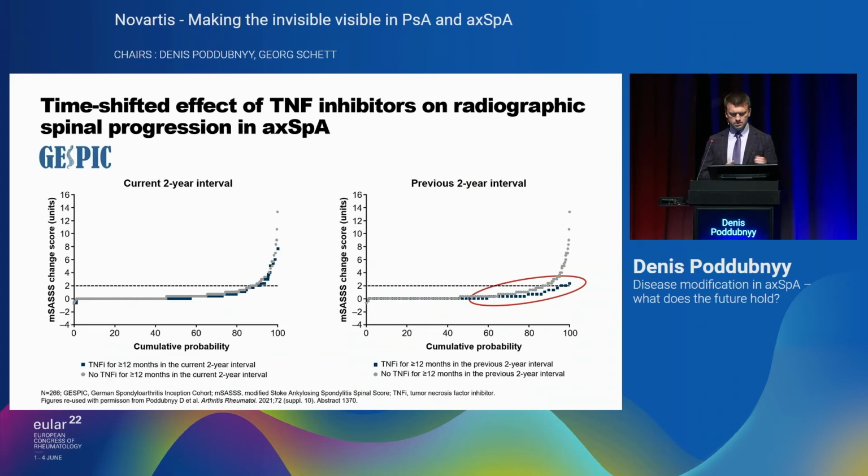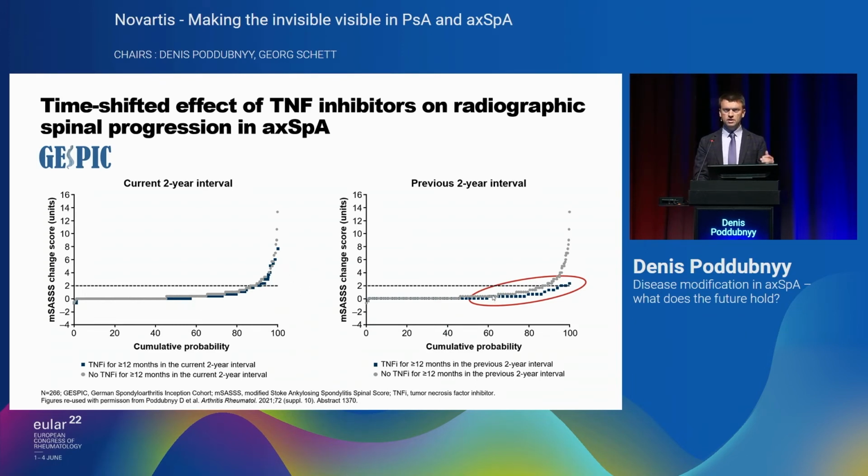And finally, most recent analysis from the GESPIC cohort, we could demonstrate that the effect of TNF-alpha blockade on structural damage progression is not immediate. And this explains very well previous negative results. Here you see what has happened within the first 2 years after anti-TNF treatment initiation. There was no difference between users and non-users of TNF-alpha blockers.